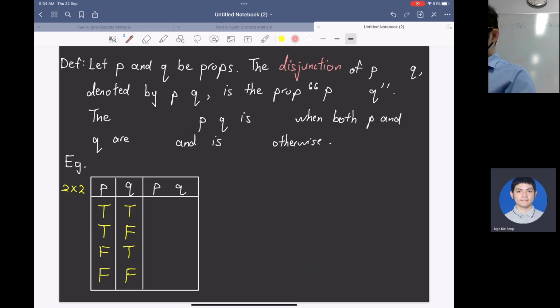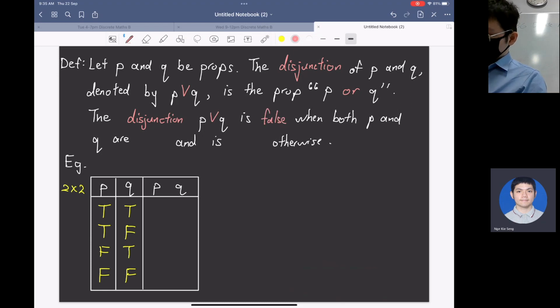This is a different symbol from the English word. It is denoted by the inverted hat, P ∨ Q, and the proposition is "P or Q". So the disjunction P or Q is false when both of them are false, and it's true otherwise.